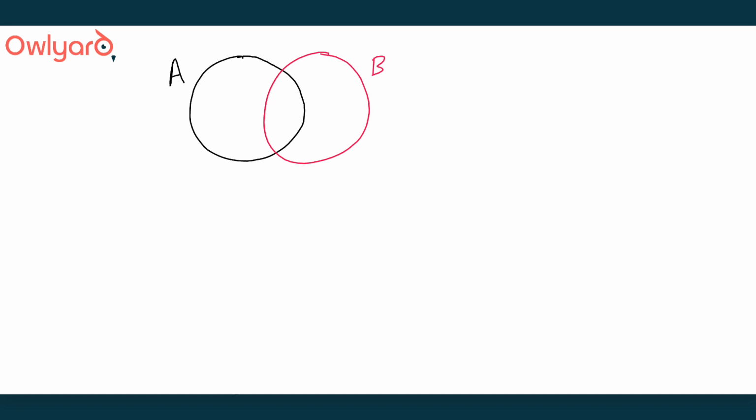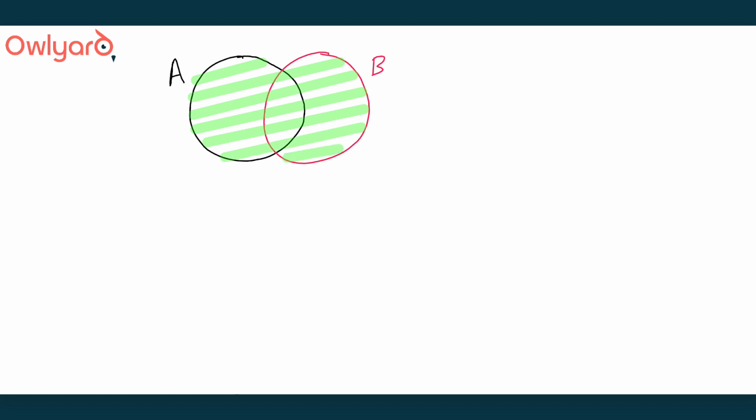Okay, now let's quickly see how to visualize the union and intersection under the Venn diagram notation. So let's say this is our set A and this is our set B. Now the union must correspond to this entire region that is included in either A or B, right?